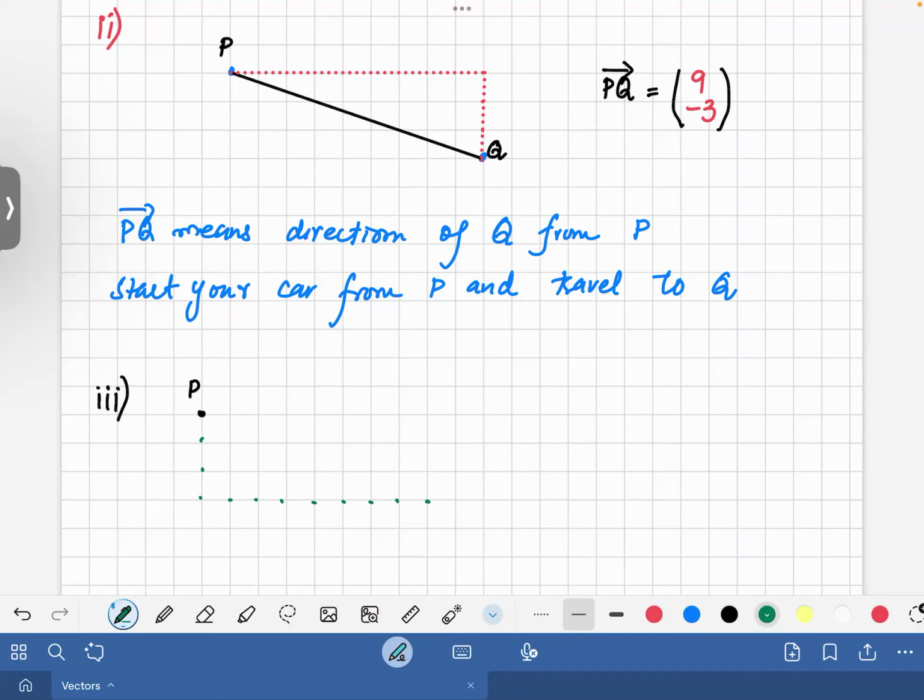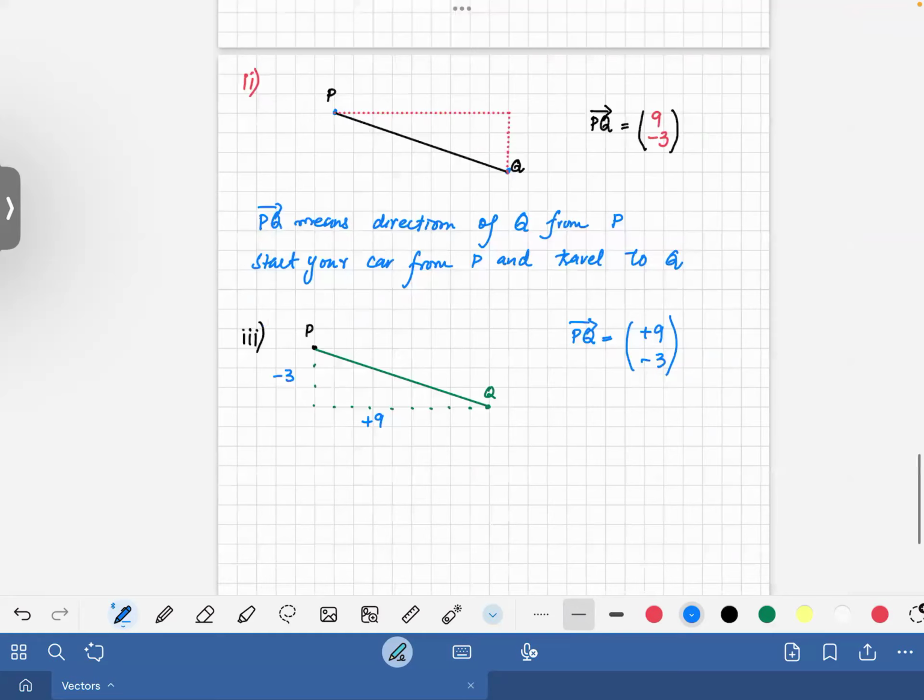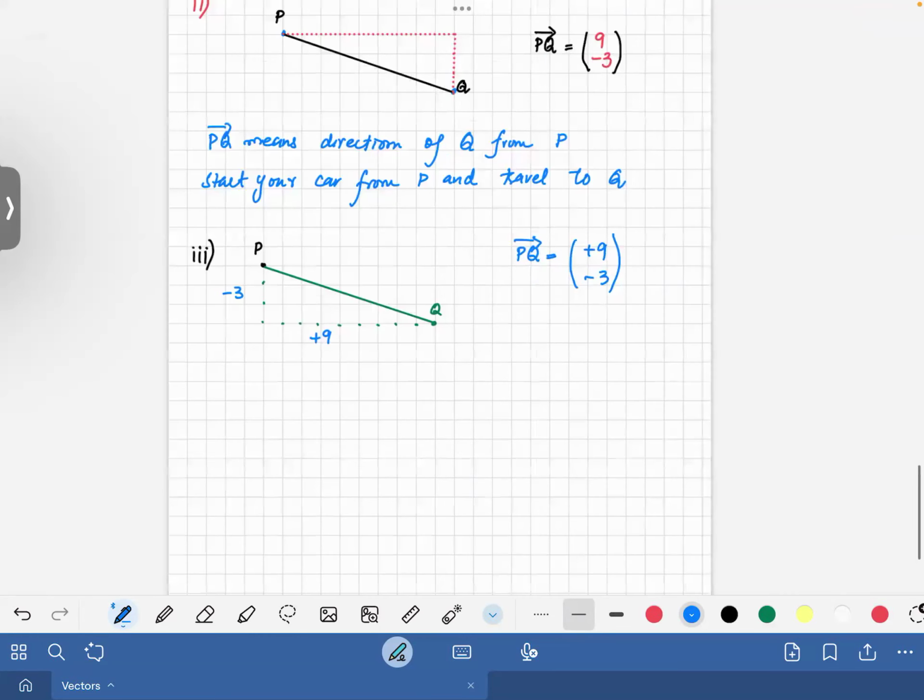Yamuna, ये है वो point Q. अगर मैं इनको join करूं तो क्या ये ऊपर वाले की तरह बना है? Yes sir, it's same thing. Okay, you go down first and then right, so it's the same thing. लिखने का तरीका क्या है? It's PQ vector which is equals to +9 and -3.